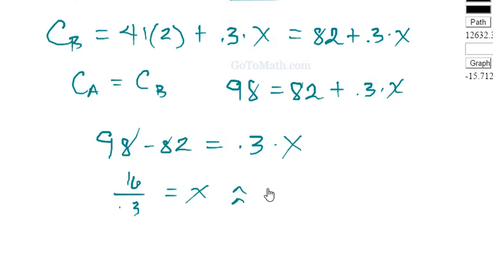I think I round the answer to 2 decimal places. Does this make any sense? Well, I guess it does. 53.33 miles.